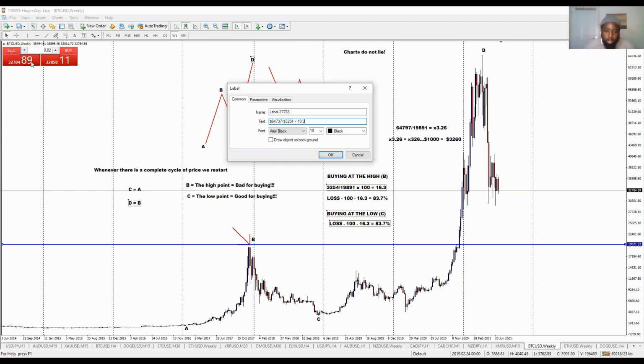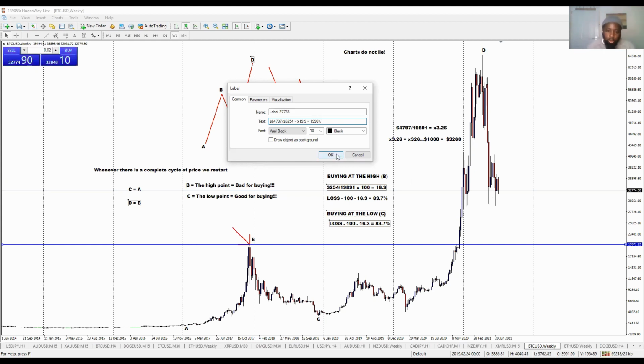Now, we can't call it 20 times because it's not 20 times, but it's very close. So in other words, the amount of money you would have made in terms of your gains, if you had just waited for the C point with just basic technical analysis, would be 1,990 percent here.